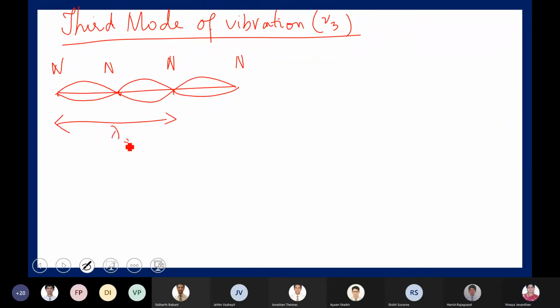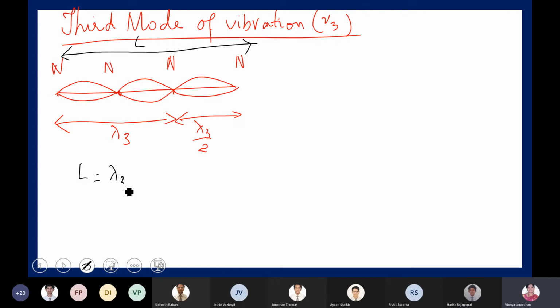What about this, lambda 3 by 2? Is that fine? This is L. So L is equal to lambda 3 plus lambda 3 by 2.